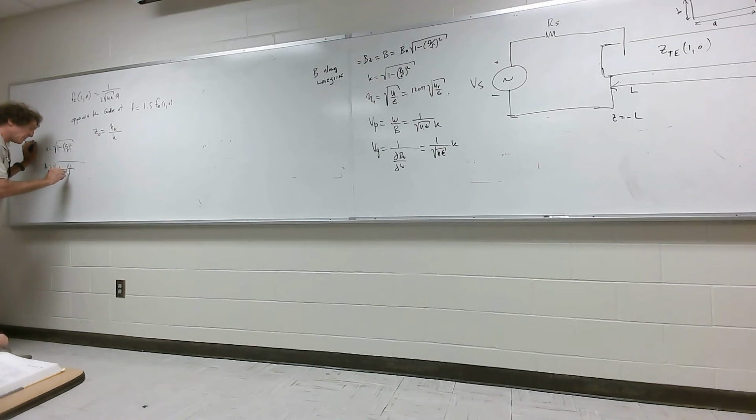That's 2/3 squared, so that's 4/9, and 1 minus 4/9 is 5/9. The square root of that is square root of 5 over 3, which is 0.745.